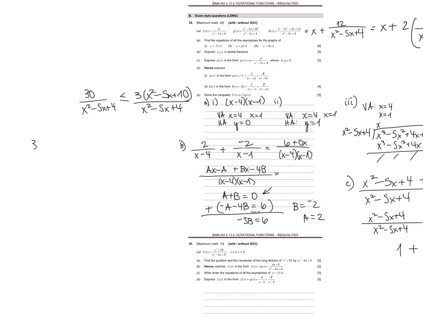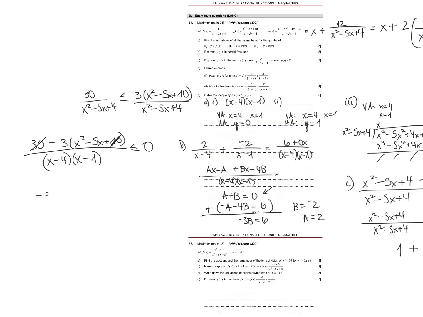It's got the same denominator, so we're going to subtract all of that. And that's going to be over x minus 4, x minus 1, and that's less than or equal to 0. So 30 and then minus 30. That will go away when you distribute that 3.